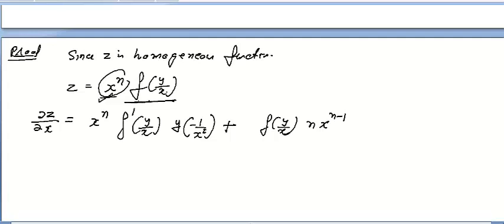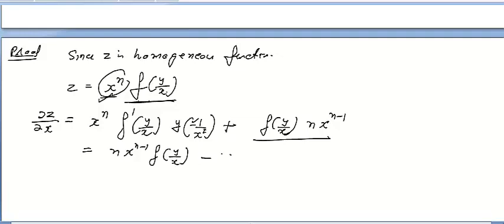So you can write n x raised to power n minus 1 f(y over x) first, and plus, this minus, minus x square.